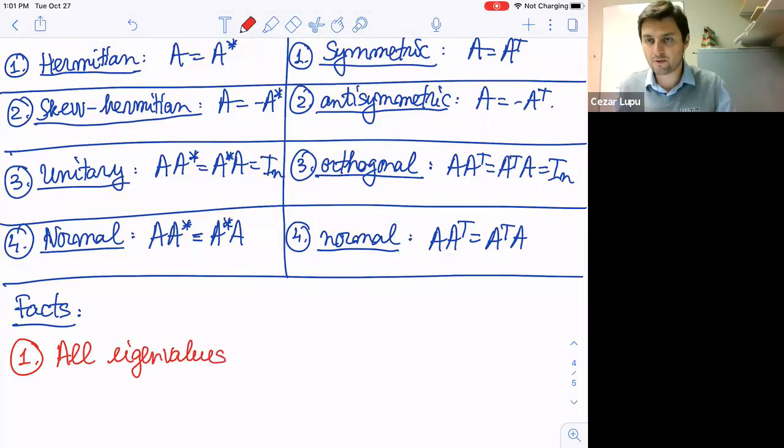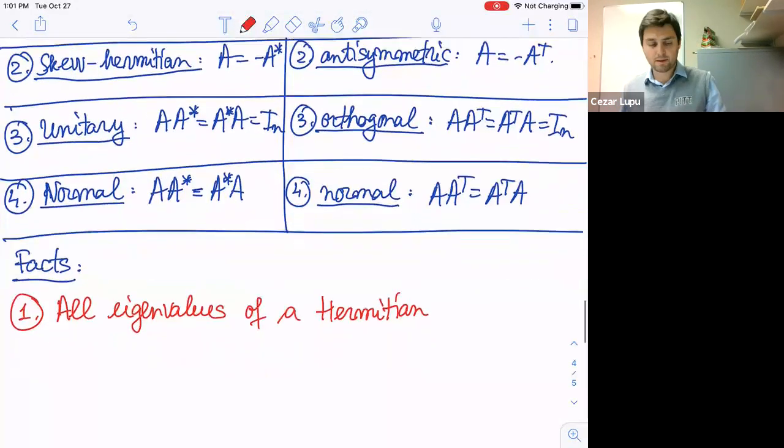It's an advanced linear algebra course at this point. In fact, I think I proved some of them in my class, but anyway, all eigenvalues of a Hermitian matrix are real. This is important.